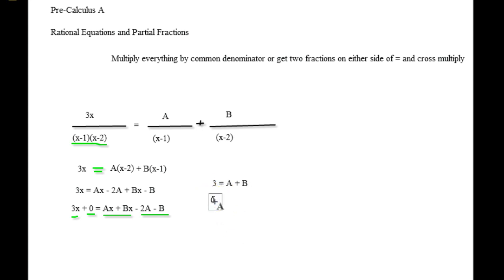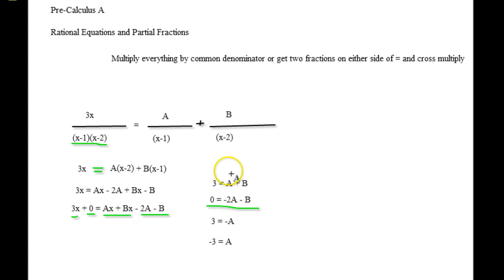And also 0 equals negative 2A minus B. Now I have a system of equations, so I can add these two together, eliminating the B's. And so I'd get 3 equals negative A. Therefore negative 3 equals A.